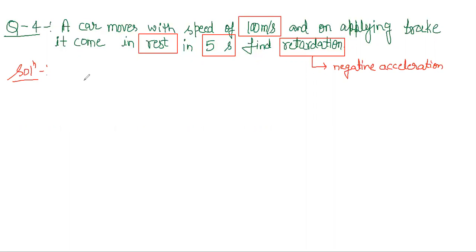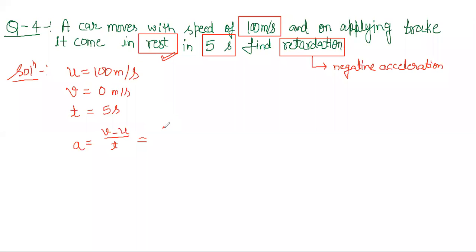So we will use the formula of acceleration. What is the initial velocity? Initial velocity is 100 meter per second. And what is the final velocity? You can see the car finally comes to rest, so rest means 0 meter per second. And what is the time interval? It is 5 seconds. Acceleration is equal to v minus u upon t.